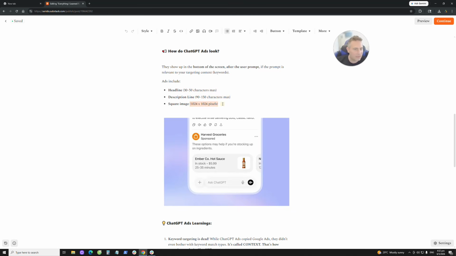And the image is like a small square image. You can use text. You can pretty much put whatever you want there as long as it's legal and not offensive. Now, they show in the bottom of ChatGPT. If somebody goes in ChatGPT, types in a prompt, then the ad is going to show in the bottom. And that's how advertising works. Very simple, very minimal again.